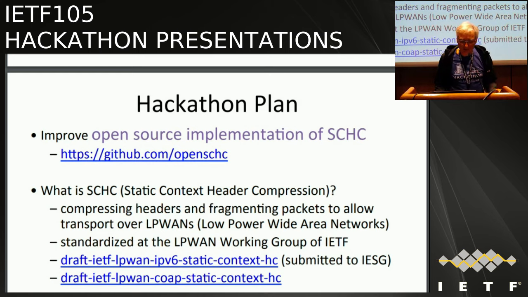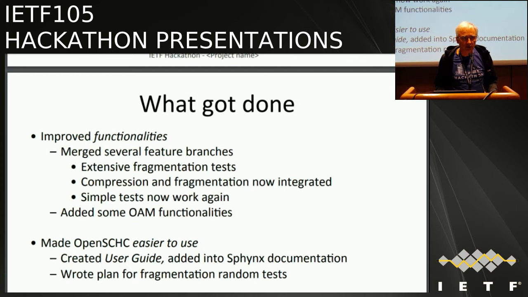The major draft is the first one shown here, and we have a few continuation drafts. What we got done this weekend was merging several feature branches in our project. We had separate developments over the last few months, which resulted in the compression being in one branch and fragmentation in another branch. We merged that so that they're now fully integrated.